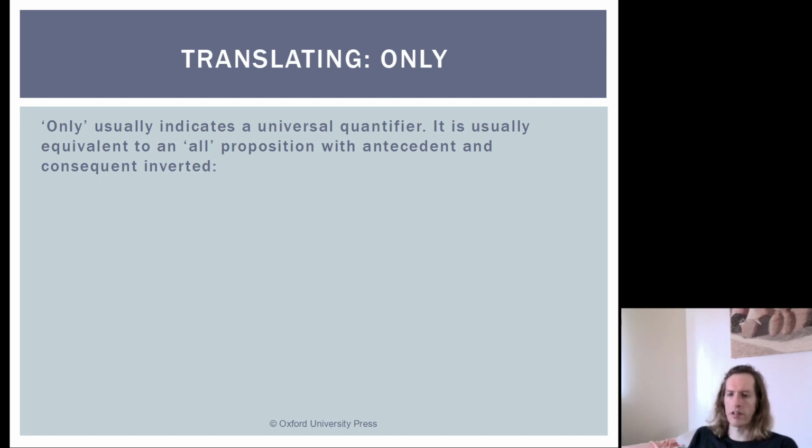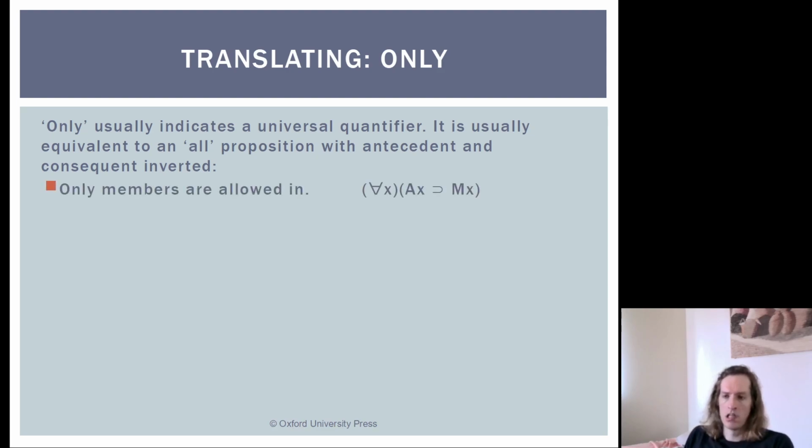So "only" is a little bit tricky, just as it was before. "Only" usually indicates a universal quantifier. It is usually equivalent to an "all" proposition with antecedent and consequent inverted. So if I say "only members are allowed in," now again, you have to remember the relationship between "only" statements and antecedents and consequents, as opposed to "if X then Y" type statements.